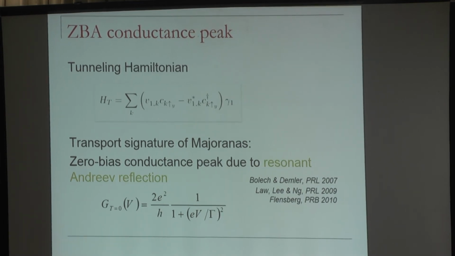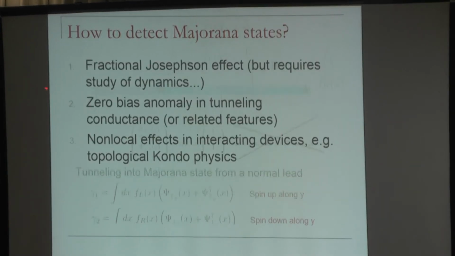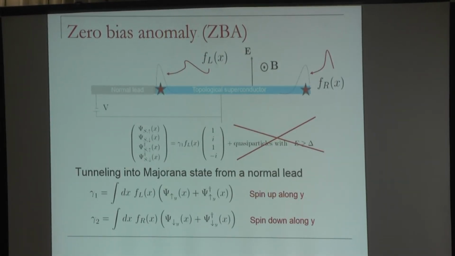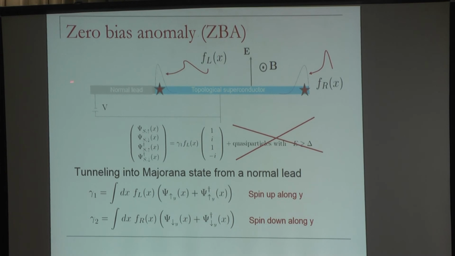So what happens is on this side here, you come in with an electron with spin up in y direction, and this will be reflected as a hole. That's Andreev reflection, thereby transferring a Cooper pair into this topological superconductor. So you transfer two charges in such a tunneling process.